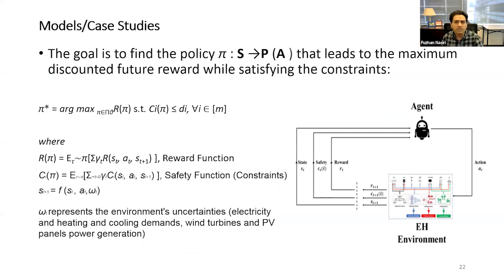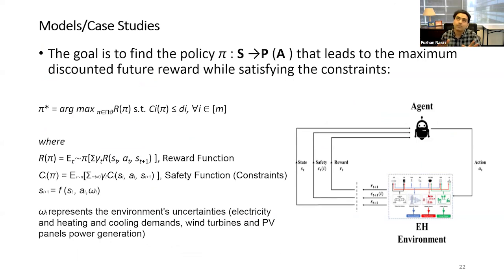The Markov decision process was implemented as a reinforcement learning agent approach with a reward function, so meeting the demand means reward, and there would be a safety or penalty function to take care of the constraints.